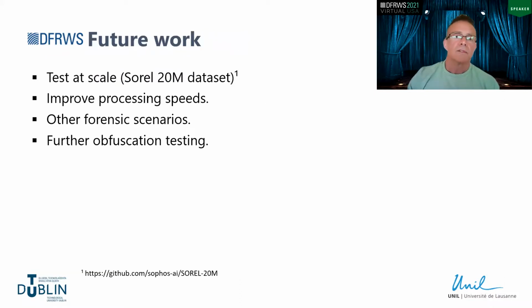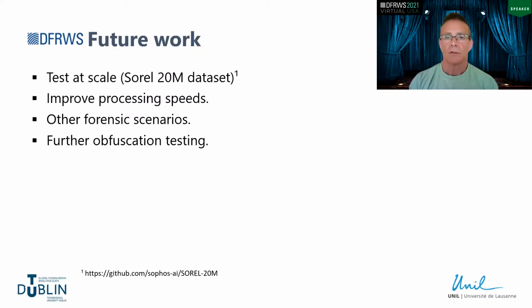So, in terms of future work to test at scale, at the moment I've unsuccessfully tried to download the Sorel data set, which is 8 terabytes. I've managed to download 2.5 terabytes before, but the connection seemed to just give out. I don't know why.